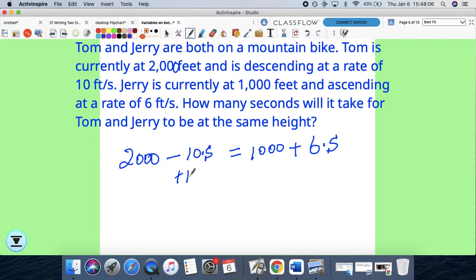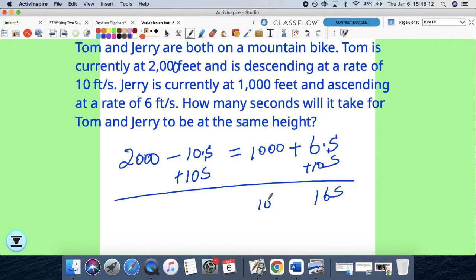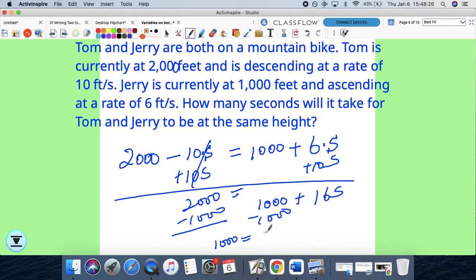We can do 10s plus 10s plus 10s, and we get 16s over here, 1,000. This goes away, and we get 2,000. Subtract 1,000 from each side. And we get 1,000 equals 16s.